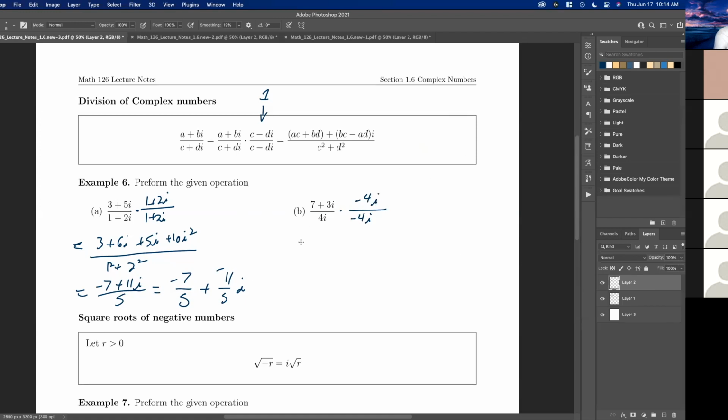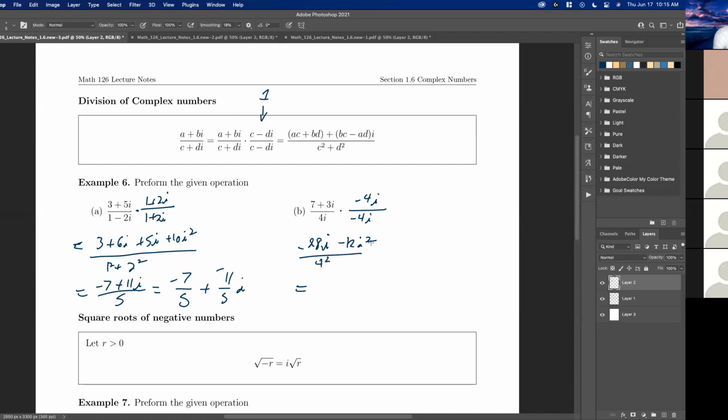When we do that, what we're going to get here is minus 28i, and then we'll have minus 12i squared, all over, so the real part is technically 0, so we have 0 plus 4 squared, so we'll have 4 squared here. We'll simplify this out.